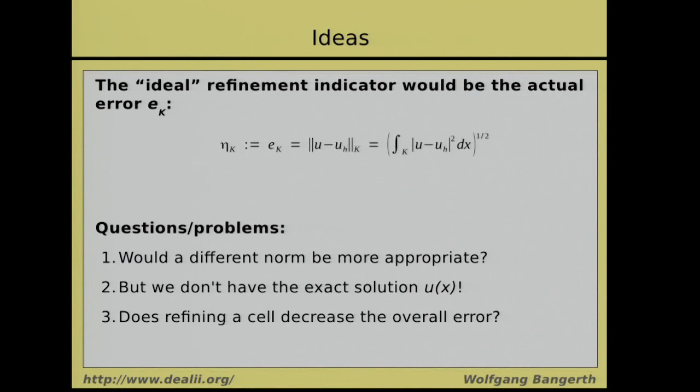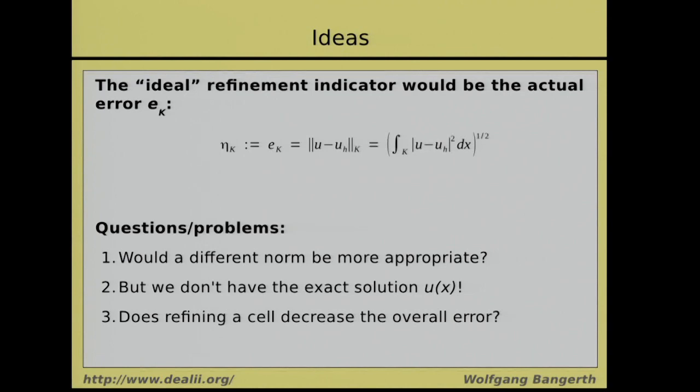Or maybe I want to refine not based on, let's say, an integral norm of the error, but maybe I care about just the point value. Maybe I want to know how much does cell K contribute to the error at one point in my solution. That's a reasonable question to ask. Why would the L2 norm or the H1 norm be special? Why is that the appropriate norm?